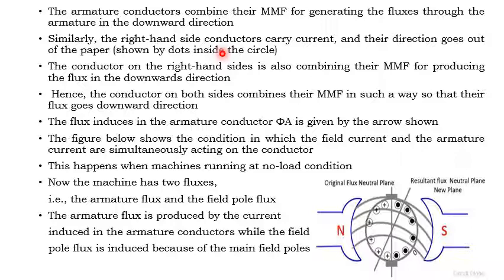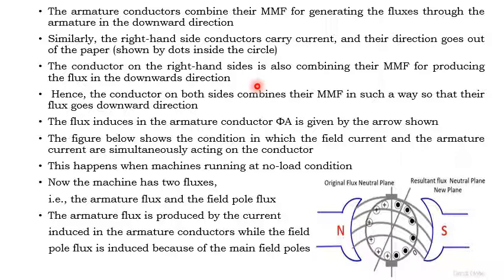And here also, whatever flux is produced, its direction goes out of the paper. Now the conductor on the right hand side is also combining its MMF for producing flux in the downward direction. So the combination of the MMF takes place here also, and the direction of the MMF is downward.